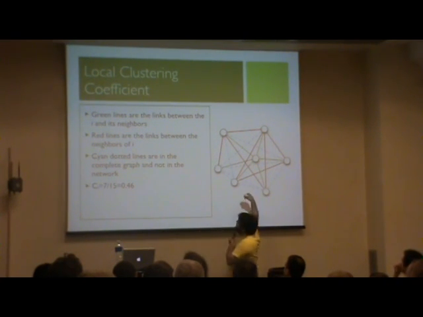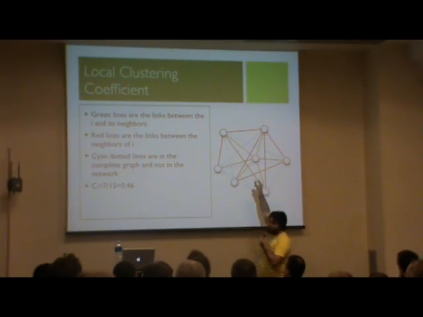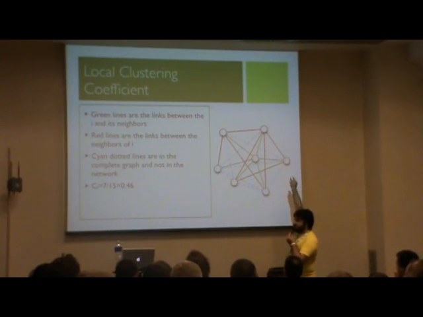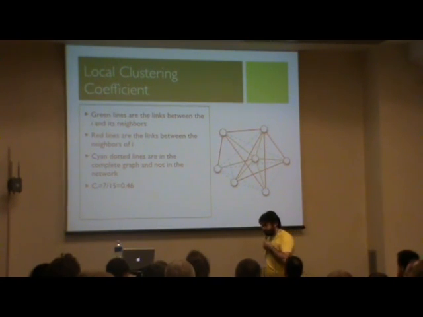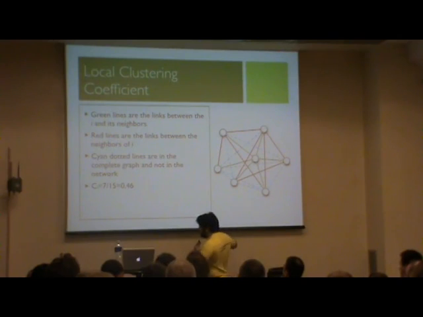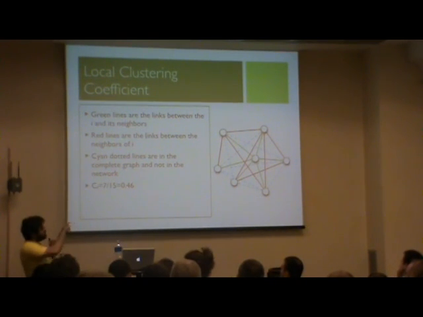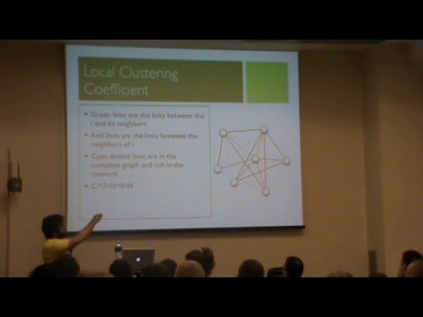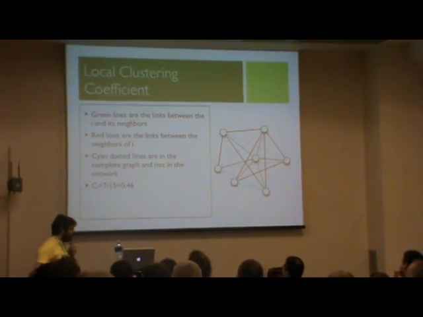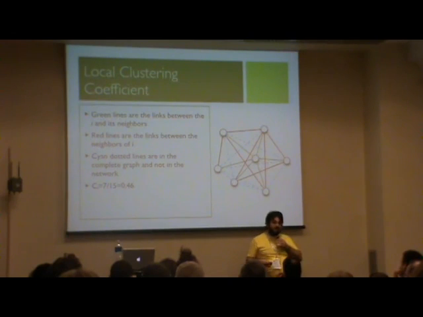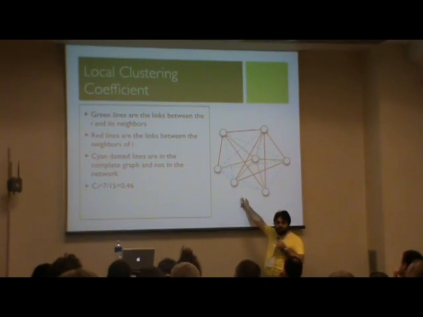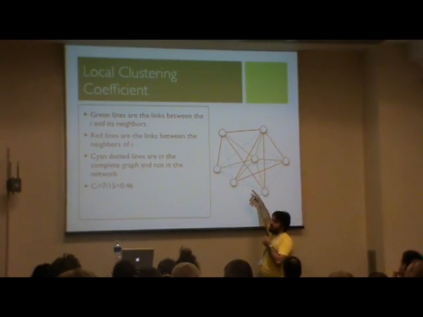This is a graphical representation of the neighbors we have in these networks, which are connected with green lines. And in red, we have the connections between the neighbors. So these two are friends themselves, other than being friends of this central node. And dashed lines here are the lines that could be if this was a complete network, but are not in our network.